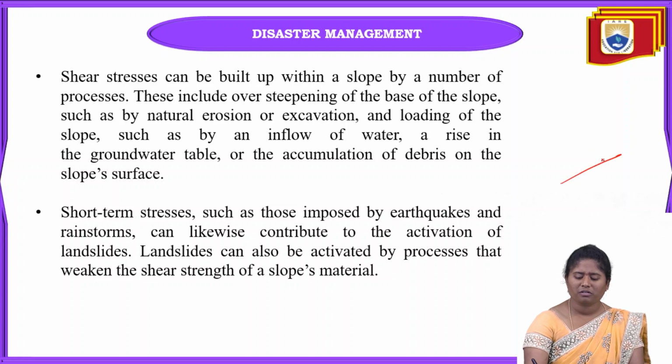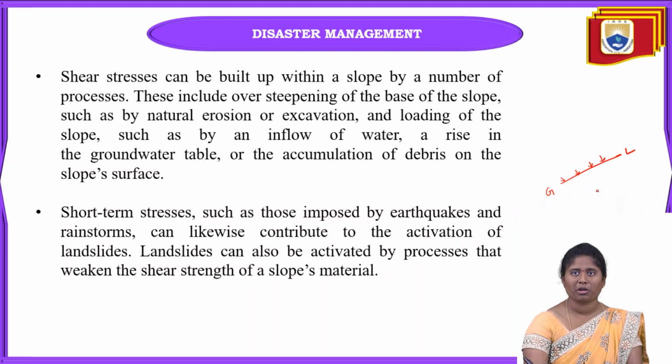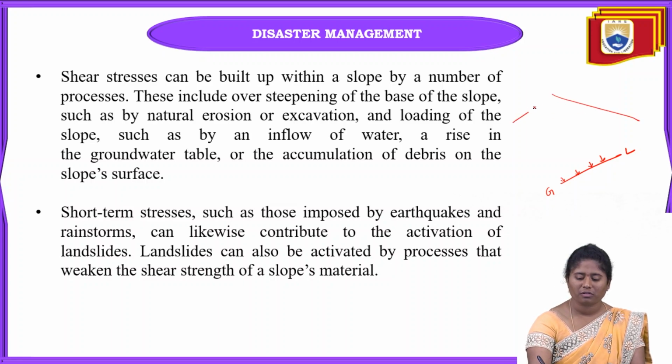If this is your groundwater table and this is the ground level, and the ground level has any stresses on it, landsliding is going to occur. If landsliding occurs, there will be an accumulation of debris on the slope surface.